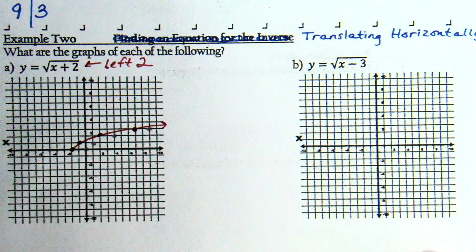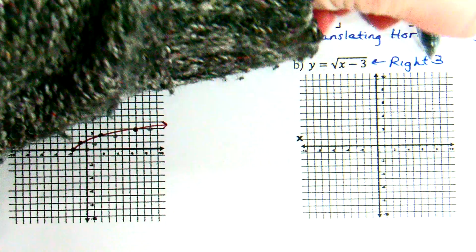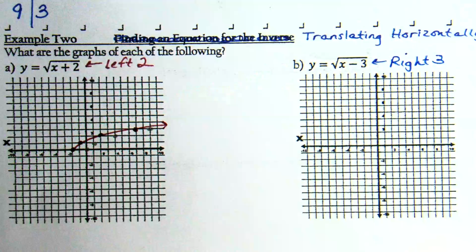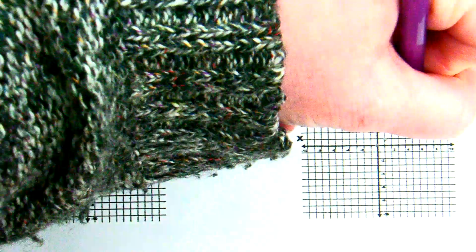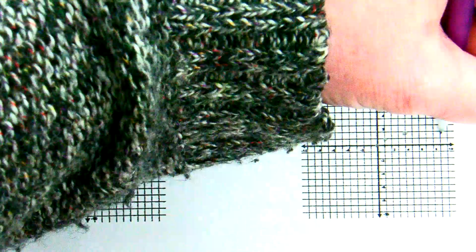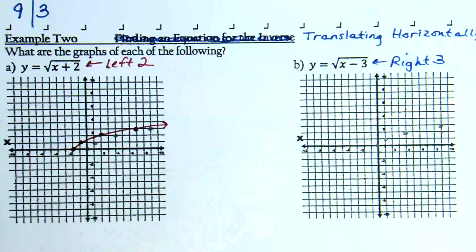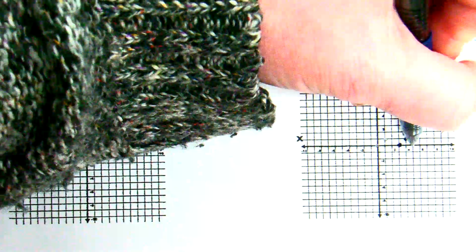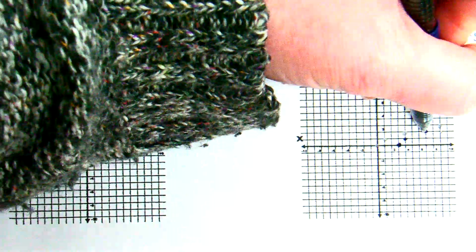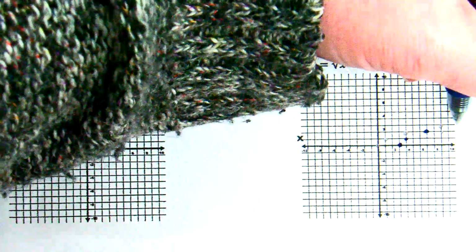So my original dots are (0, 0), (1, 1), (4, 2), (9, 3). Now if I'm moving each of those dots right 3, there's my new starting point. I can go over 1, up 1 from there, over 4, up 2, and then over 9, up 3, which in this case is just 1 off the graph.